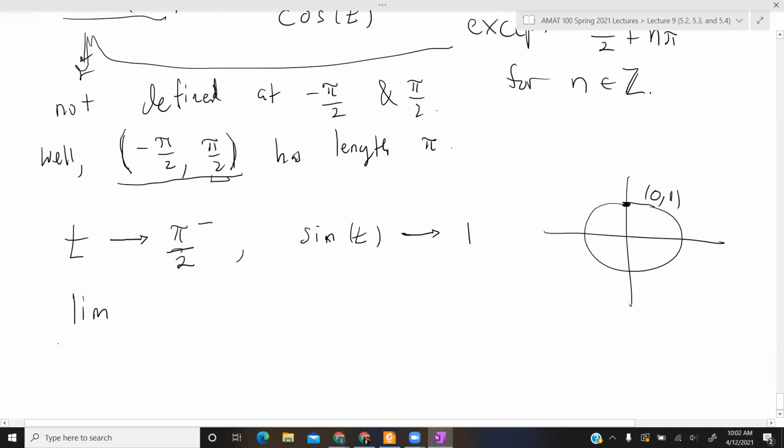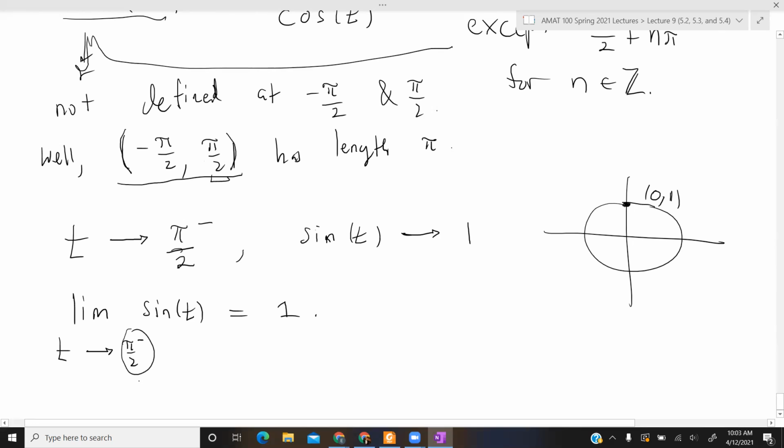So we can express this even more concisely as the following. The limit of sine of t as t approaches pi over 2 from the left is equal to 1. Now, cosine is 0 at this number right here.